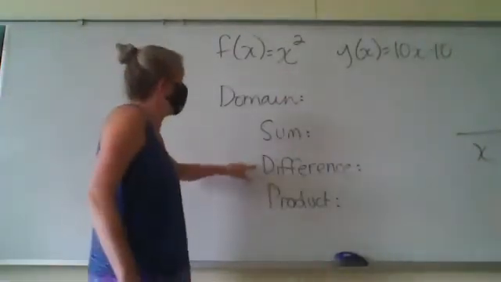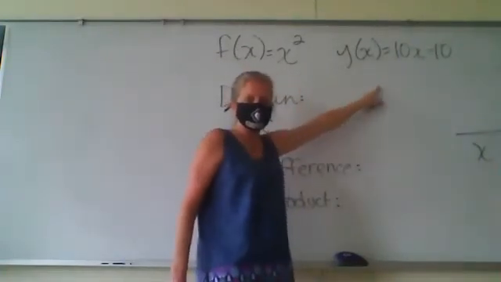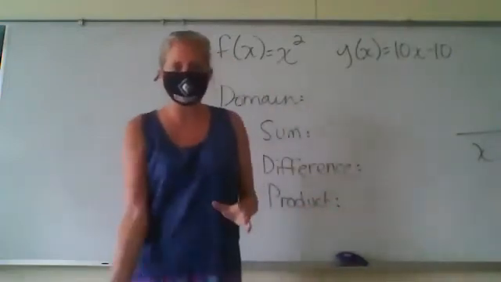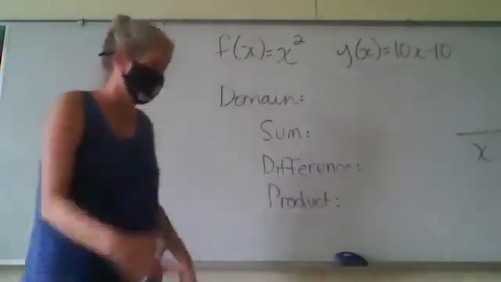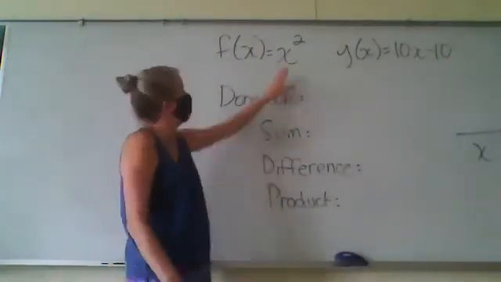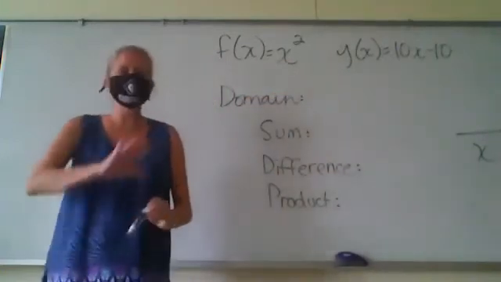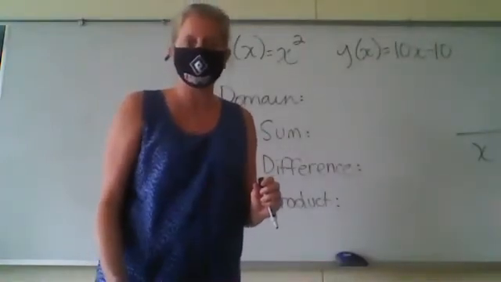You're not going to have it even if you subtract them, right? If you did x squared minus 10x minus 10, it's not going to give you an x in your denominator. You're not going to have a denominator. Same thing if you multiply them. X squared times 10x minus 10. How in the world is that going to give you an x in your denominator? It's not.